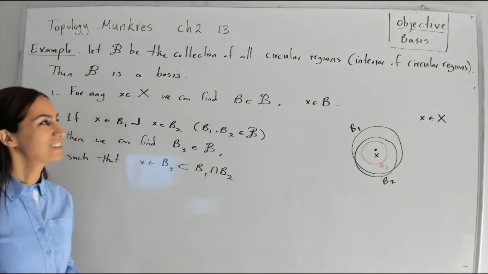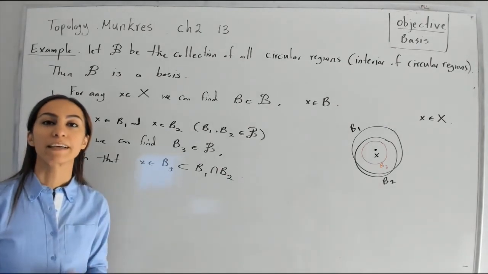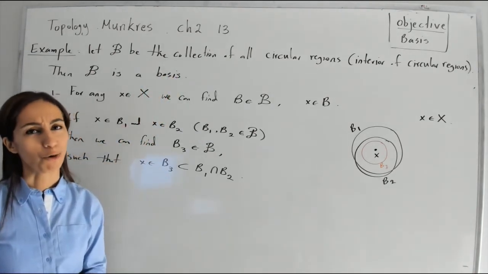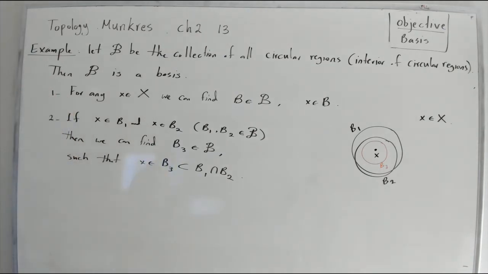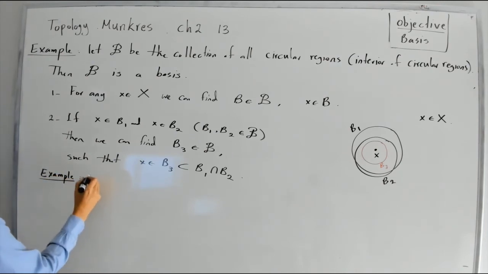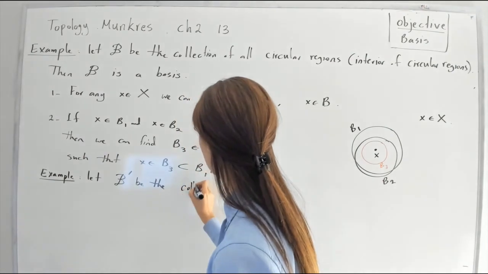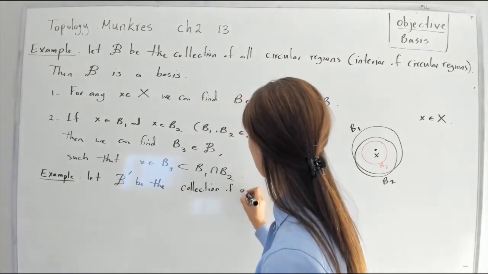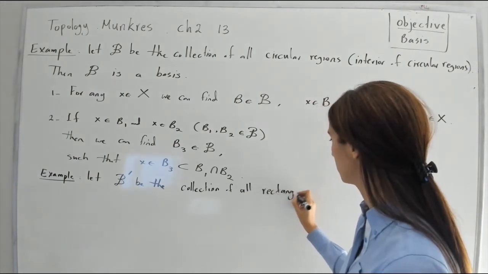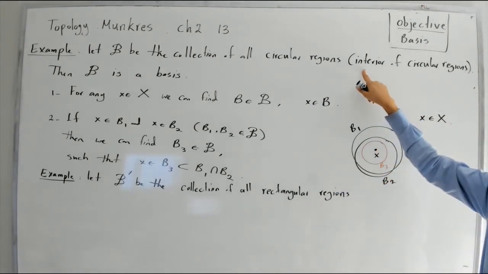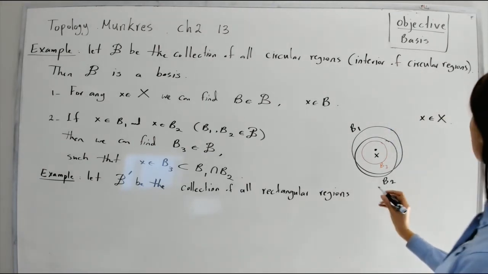Another example that we have is beta to be the collection of rectangular regions, and we can just show that it forms a basis for the space X. So let beta prime be the collection of all rectangular regions, again, we're not including the boundaries, just the interior of the rectangular regions.